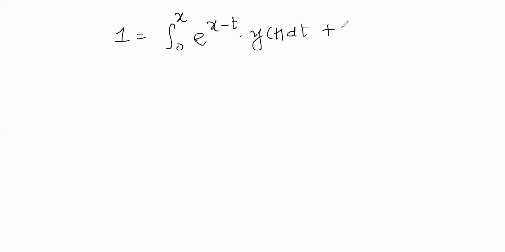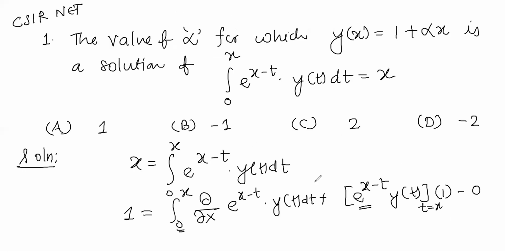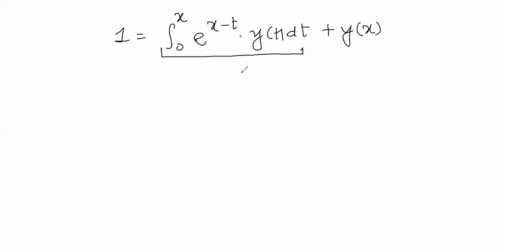So I'm getting plus y of x. And what is this integral quantity? I know that this quantity is nothing but x. So I say 1 equal to x plus y of x.